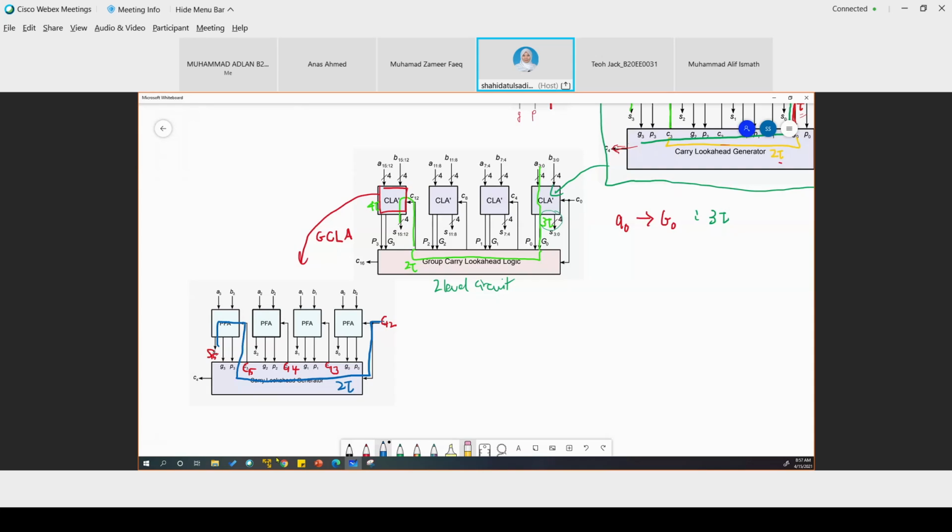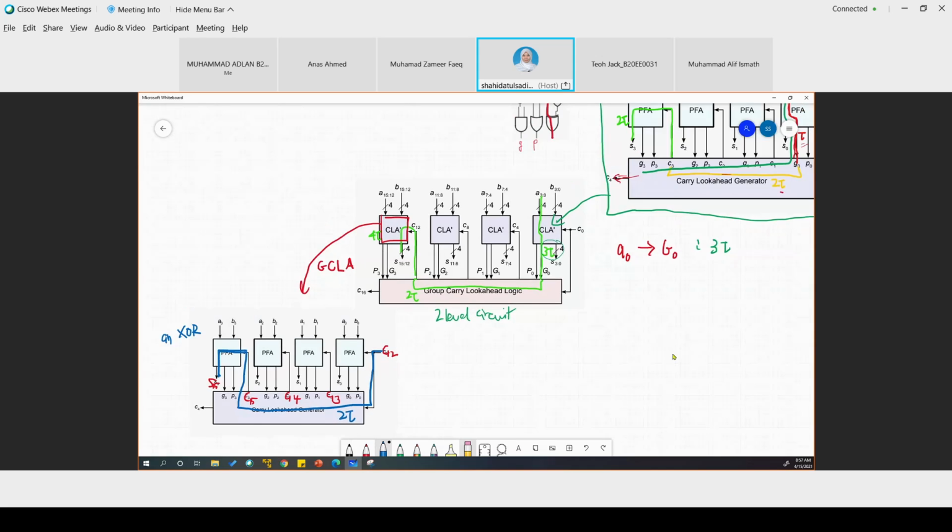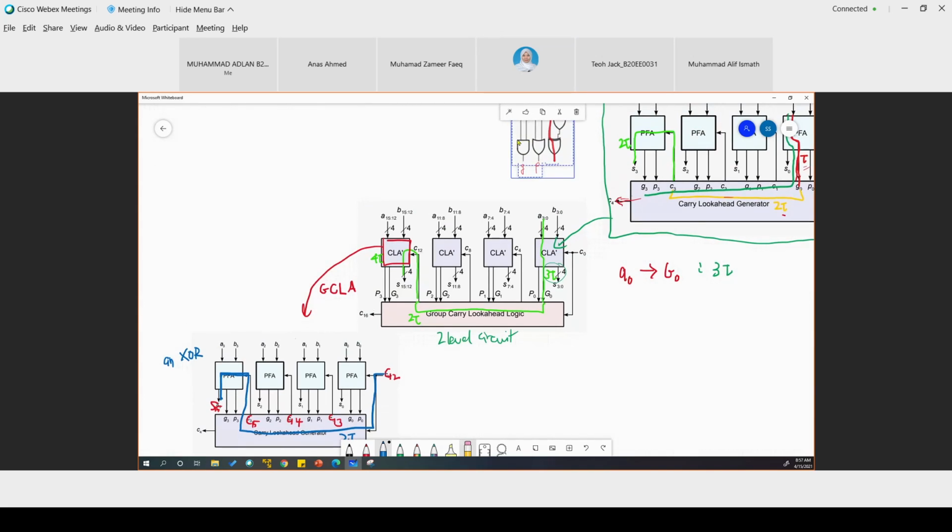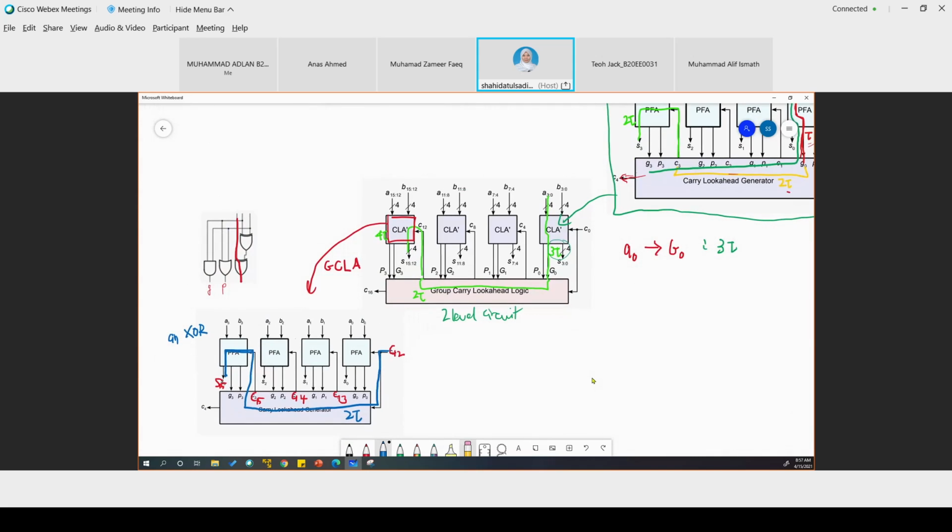This is already 2 tau, and from here going into the PFA and to the S15, you are passing through an XOR, right? This one. You are going through an XOR from C to S here. So that is another 2 tau. So that's why we get 4 tau here.